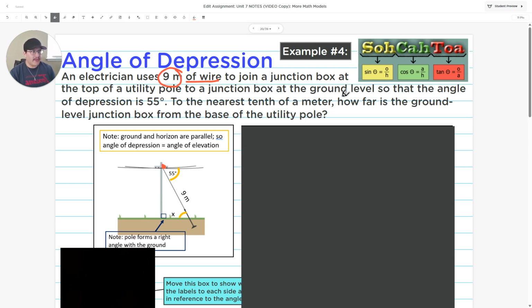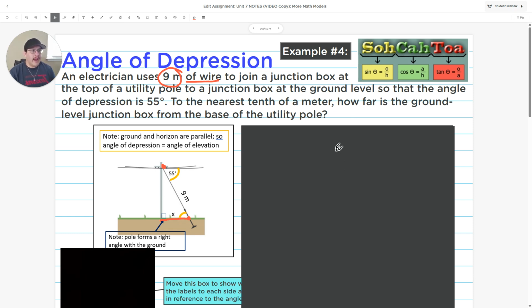To a junction box at the ground level so that the angle of depression from that line right there is 55 degrees, which is 9 meters right here, 9 meters from the top to the bottom. To the nearest tenth of a meter, how far is the ground level junction box from the base of the utility pole? So we want to know this ground level junction box right here, how far is it from the utility pole?